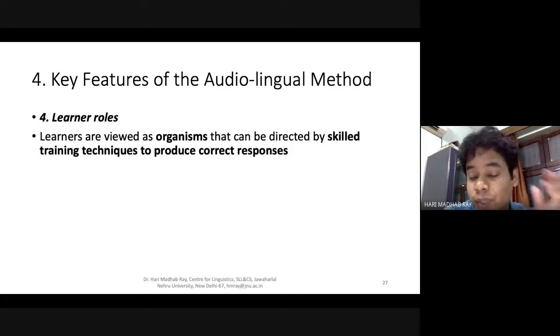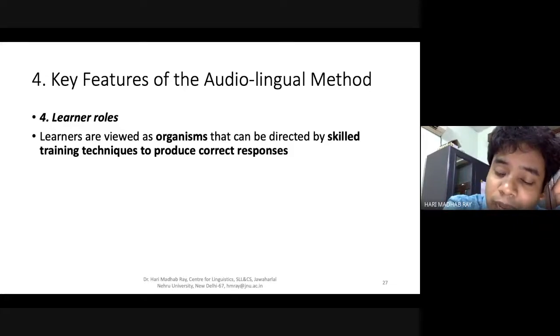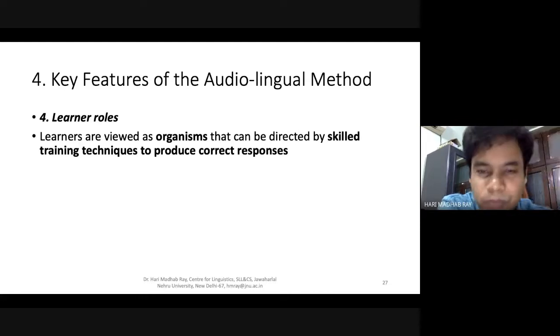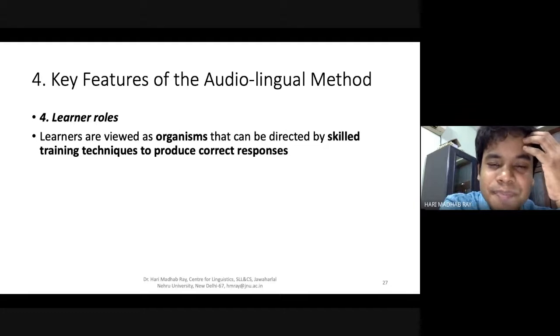Whichever the language, the learner is a kind of organism, as if, for that matter, a parrot or a chimpanzee, as if the things can be repeated. The native speaker has that understanding: yes, I'm a speaker of American English, so why can't you speak like me?